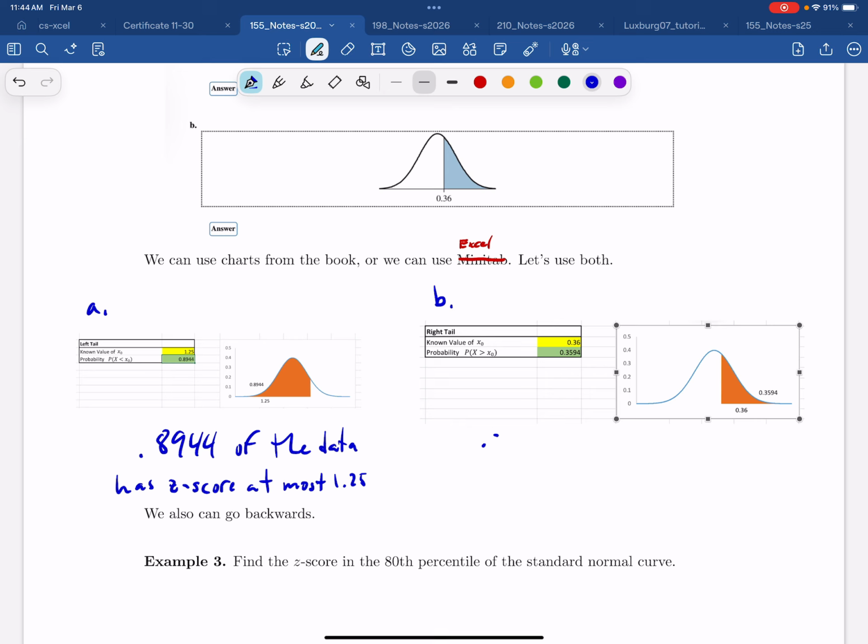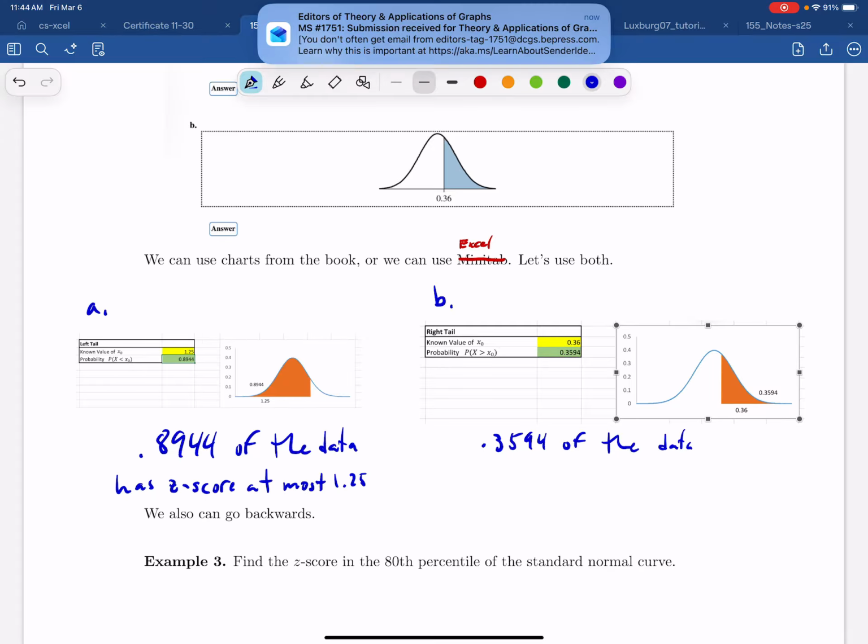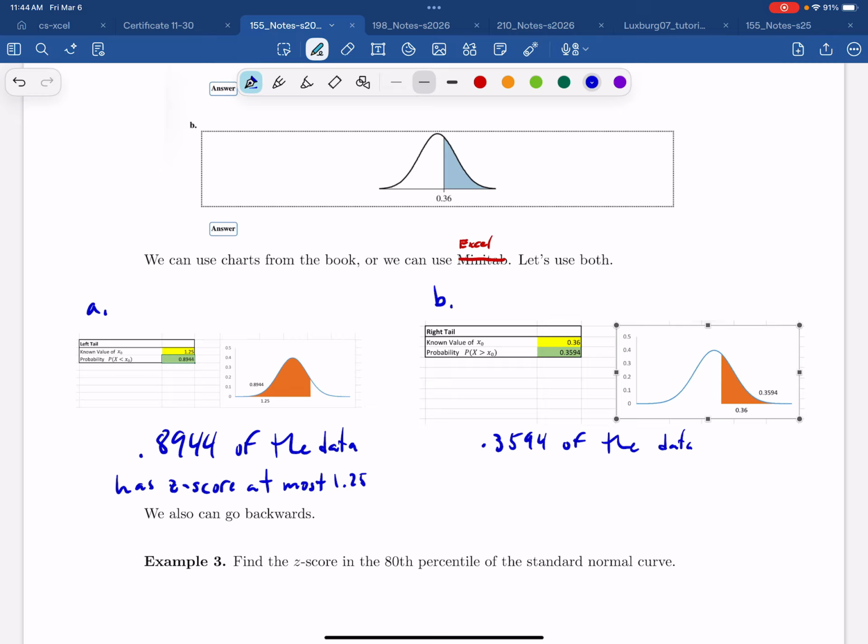Here, 0.3594 of the data has z-score at least, I should say, at least 0.36. Okay.